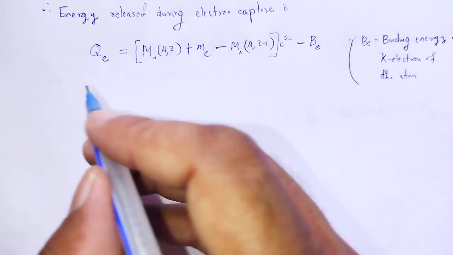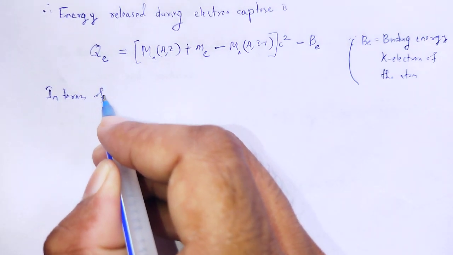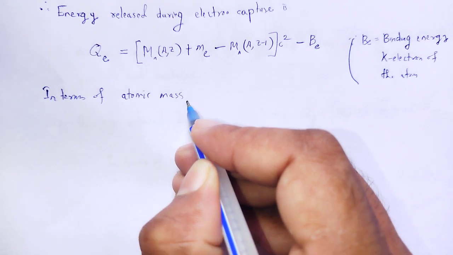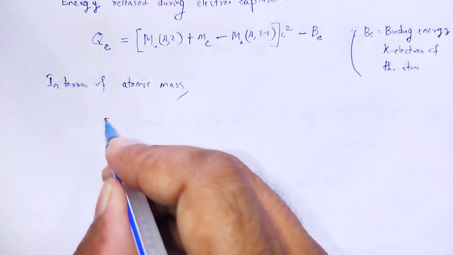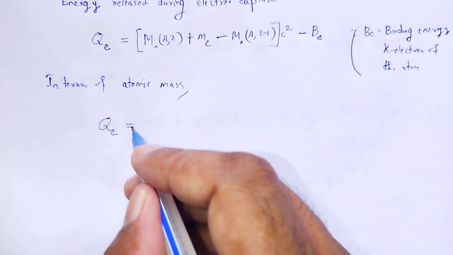Again, in terms of atomic mass, we can easily write the energy released during electron capture, QE.